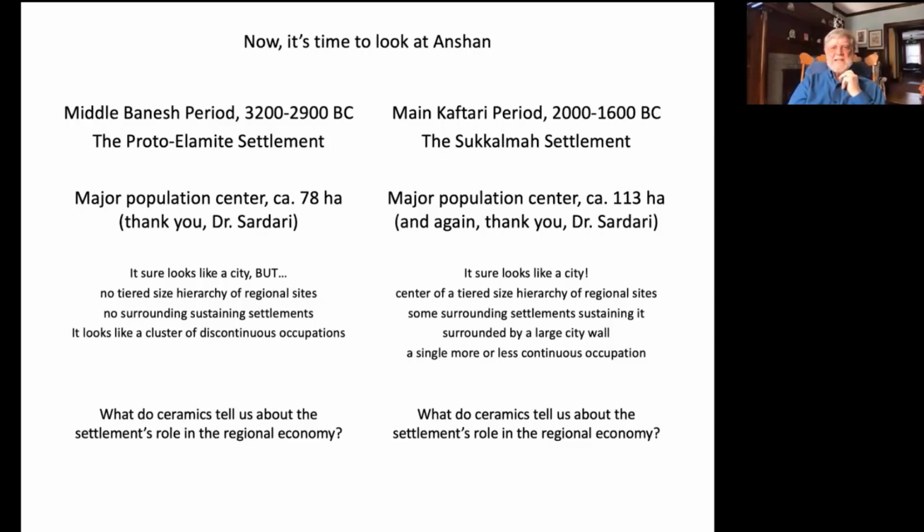Again, it looks like a city. It's the center of a tiered site size hierarchy within the region. There are surrounding settlements that would sustain the population of the center. It has a major city wall around it. And it looks like a more or less continuous occupation.